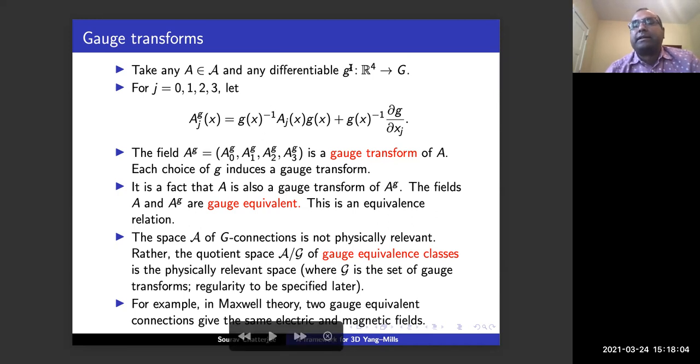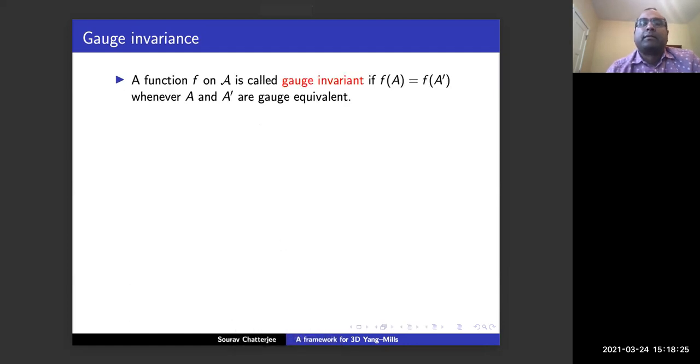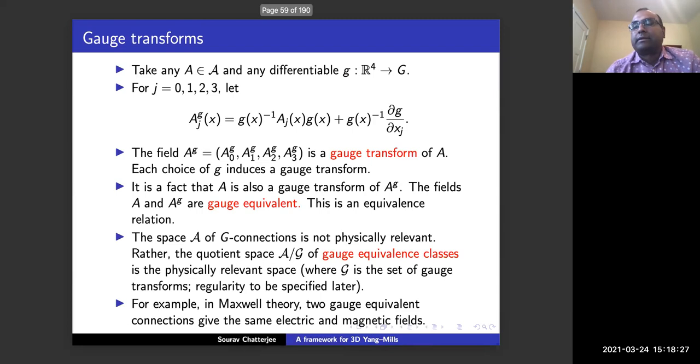But in general, for any theory, you get these equivalence classes, and this quotient space. This is one of the big problems in Yang-Mills theory: the script A is a nice vector space, but this quotient space is very nonlinear. So how do you deal with this quotient space? Any questions until now?